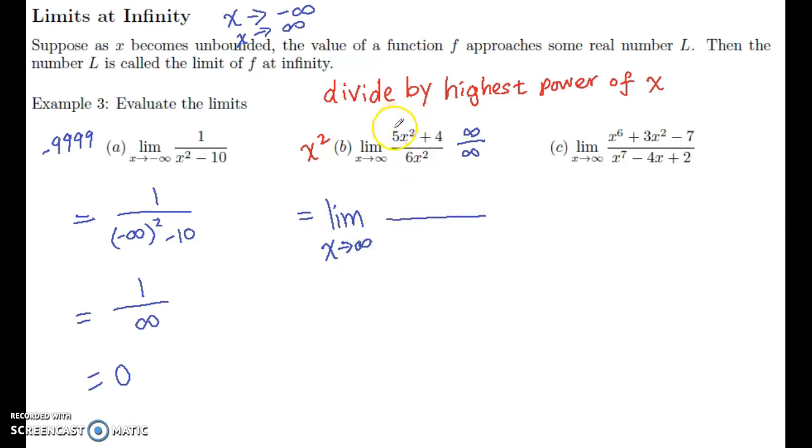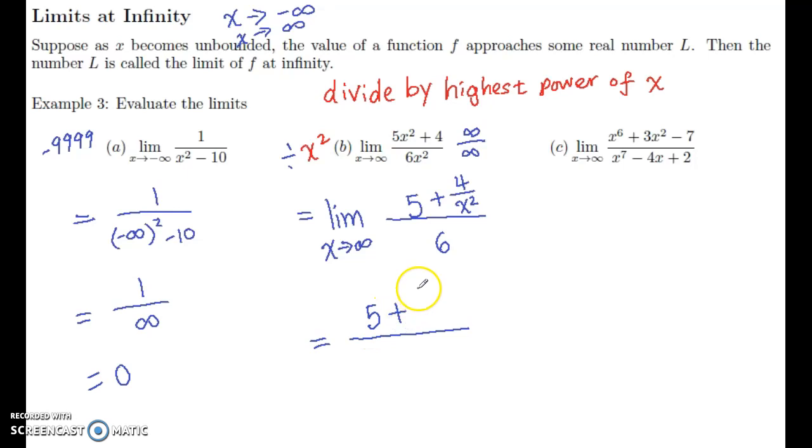So the first term, 5x squared divided by x squared, you get 5. Then 4 divided by x squared, and then 6x squared divided by x squared, you have 6 left. Now we can try direct substitution again.